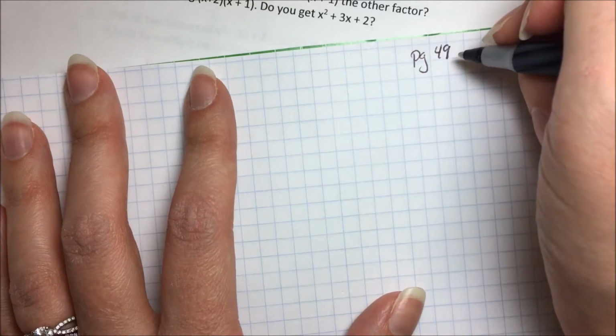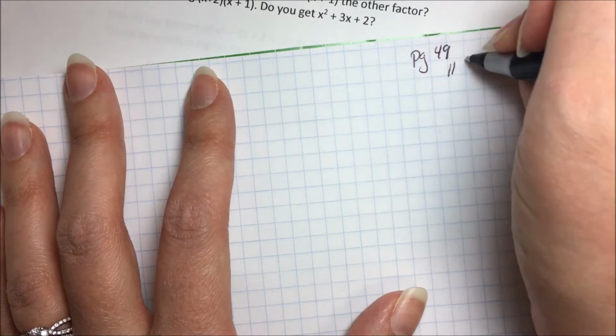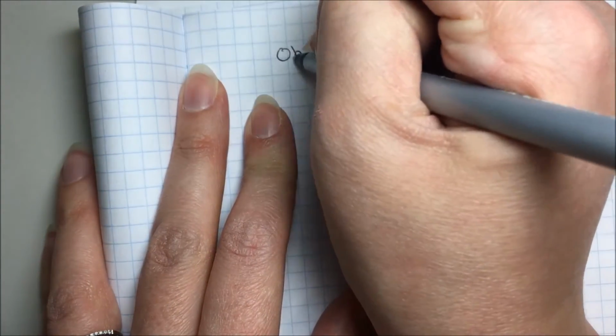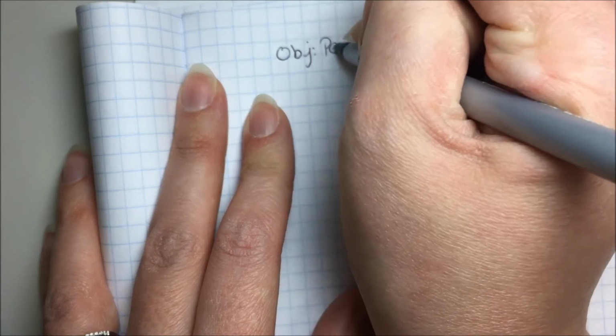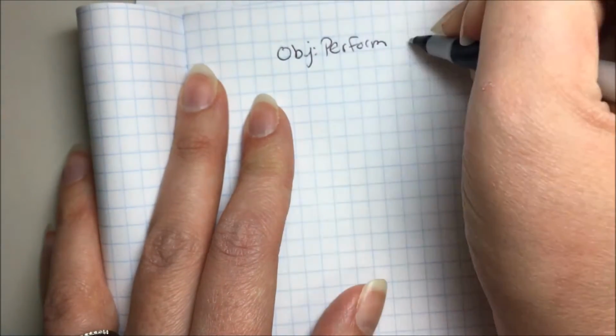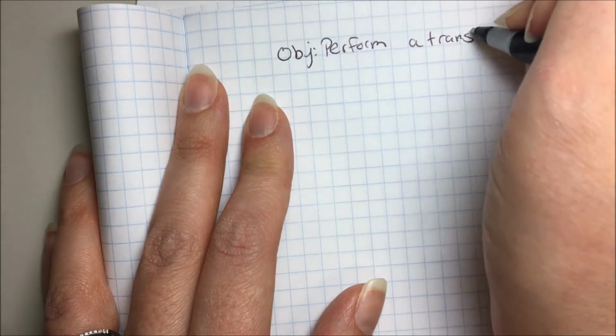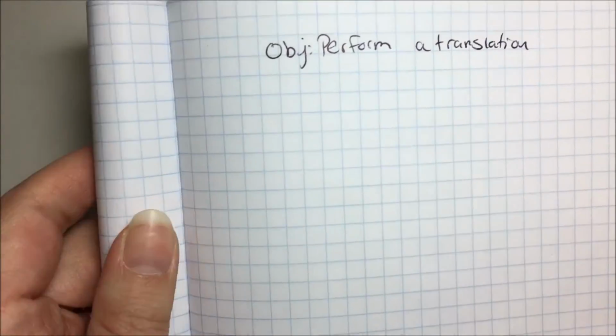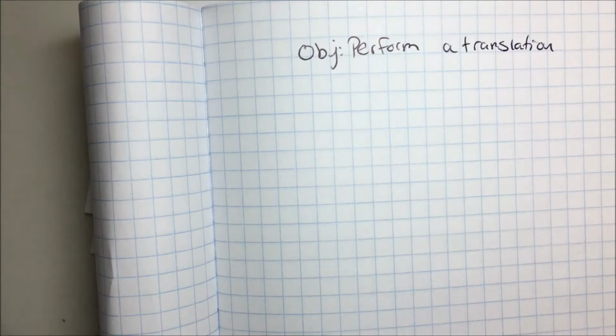Today's date is the 14th. Our objective is to perform a translation. Okay, so first let's talk about performing a translation on a coordinate grid.